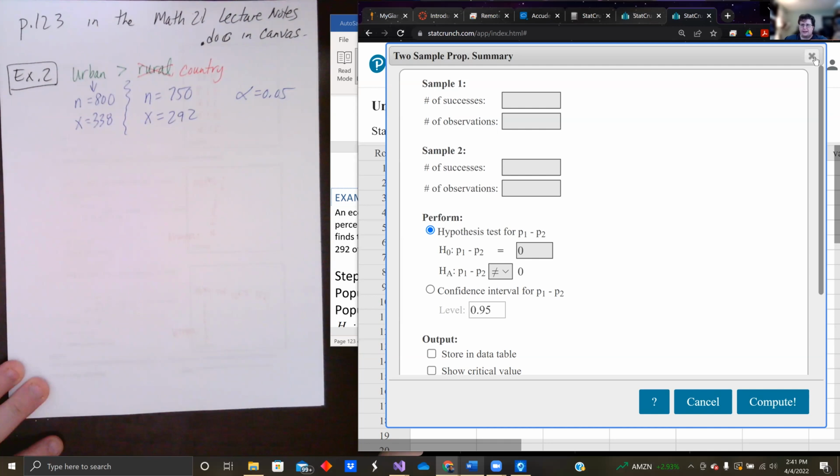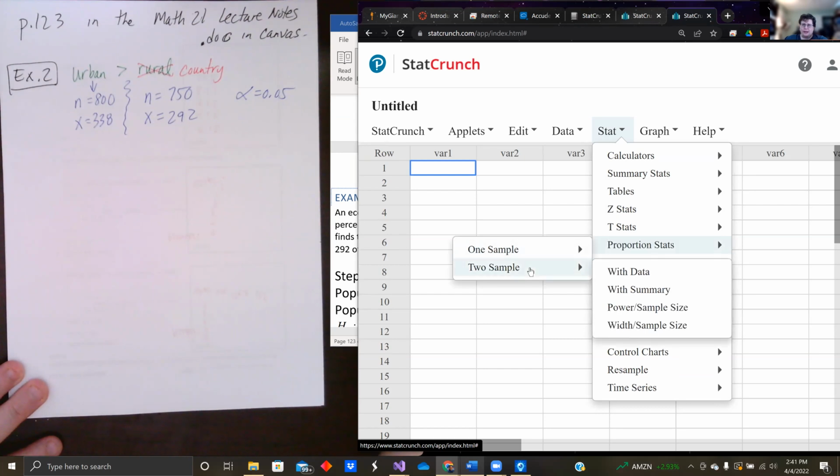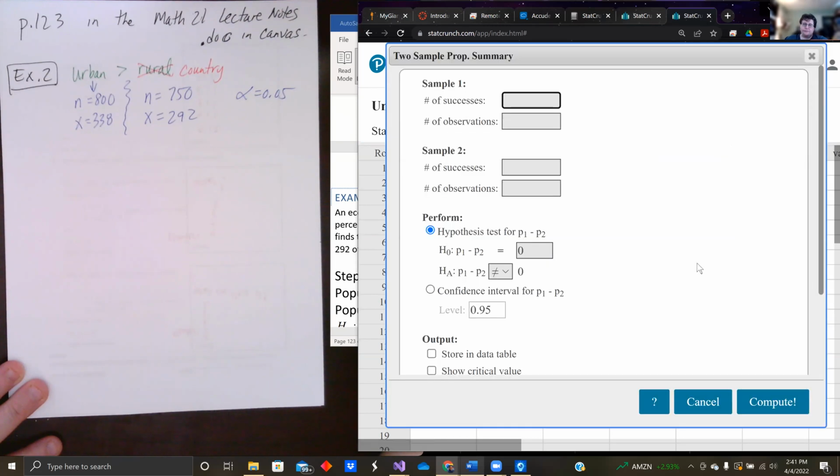I'll re-show you how to get there. We're doing Stat, Proportion Stats, Two Sample, and since we don't have a data table, we're going to do Summary. Now it tells me I need sample 1 and sample 2.